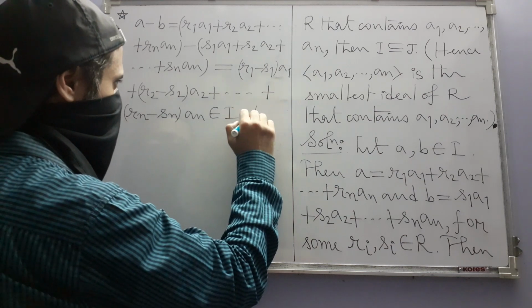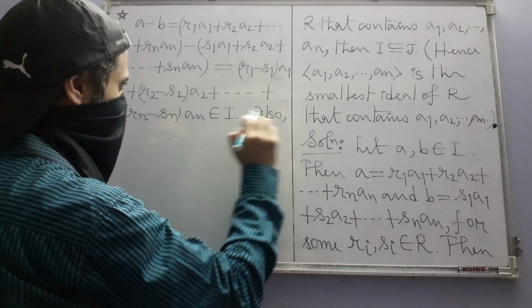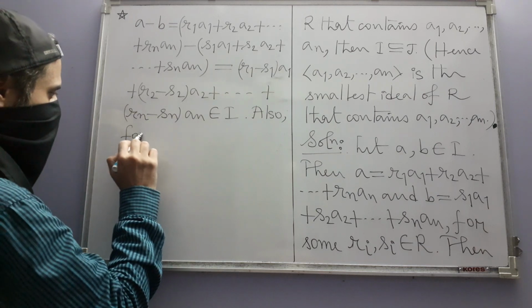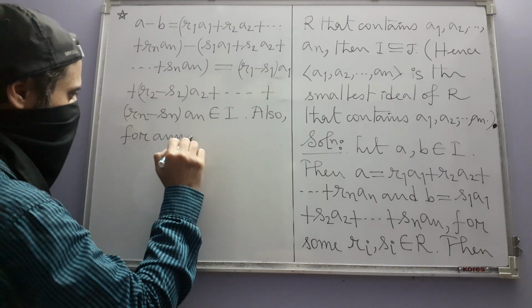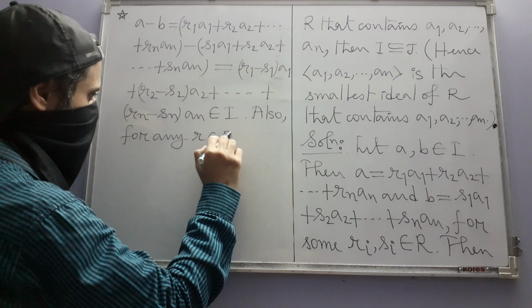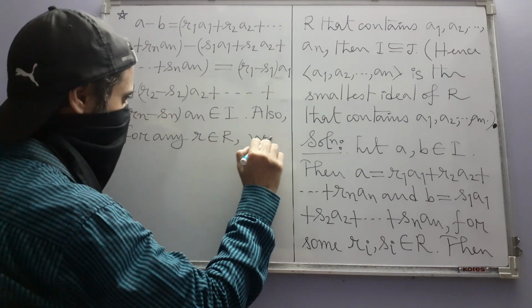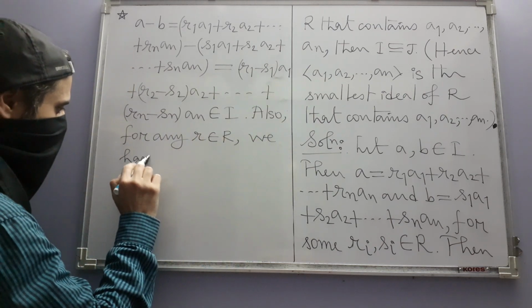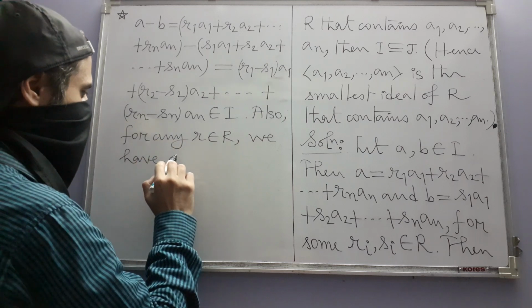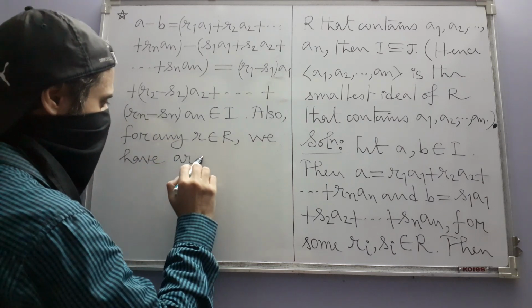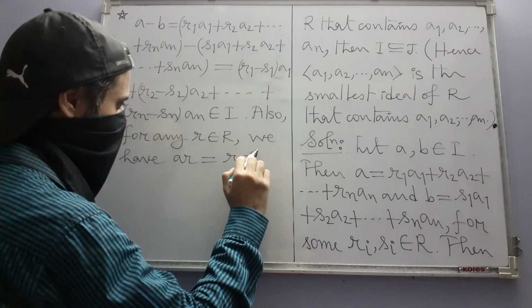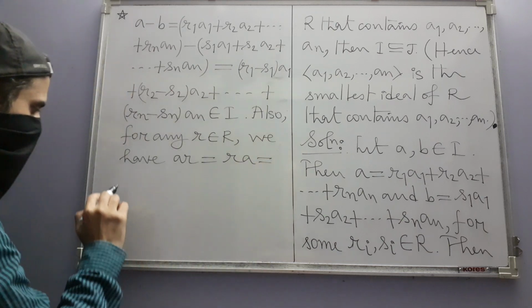Also, for any R belonging to R, we have AR equal to RA, because we are in a commutative ring.